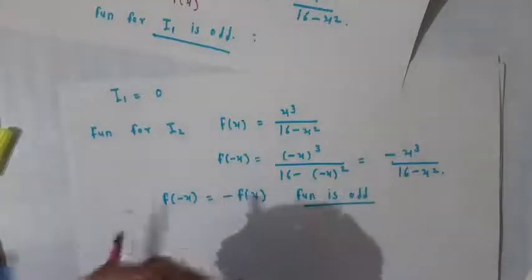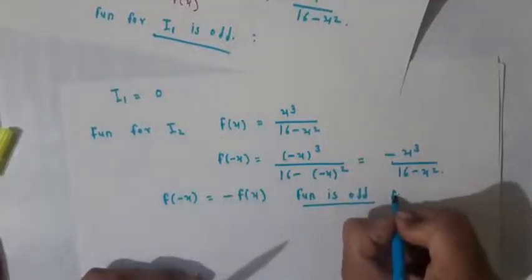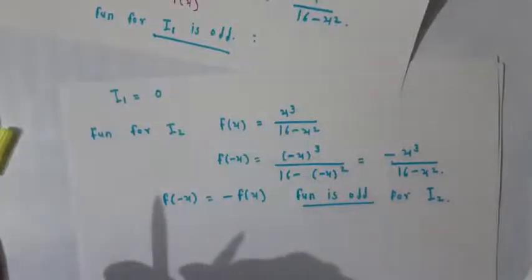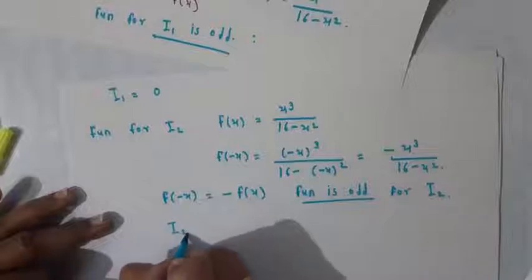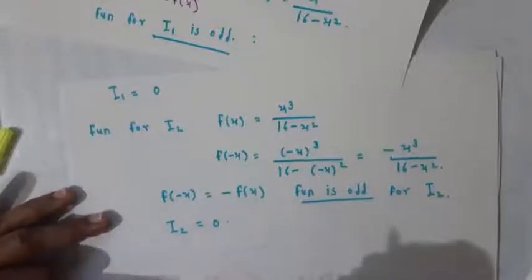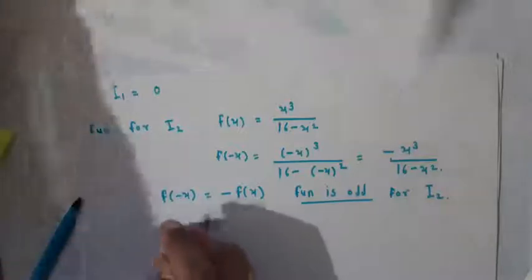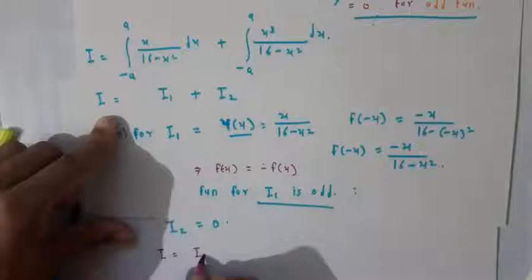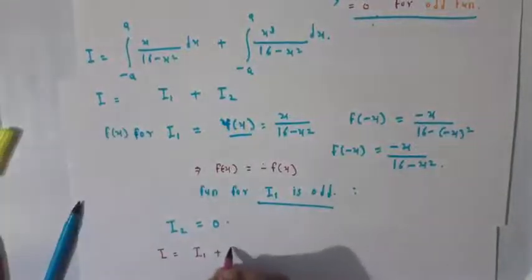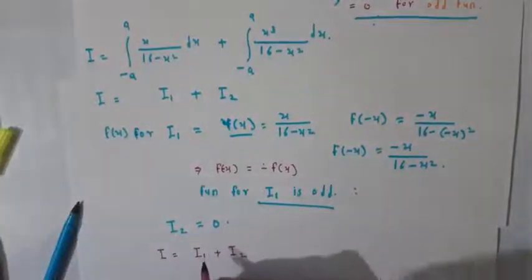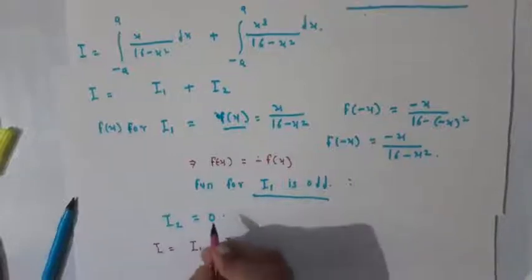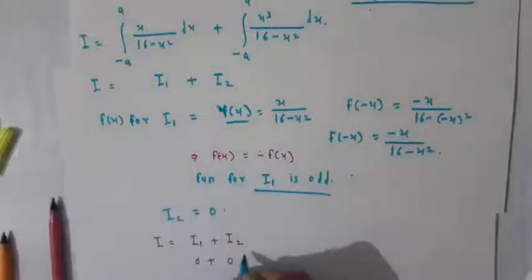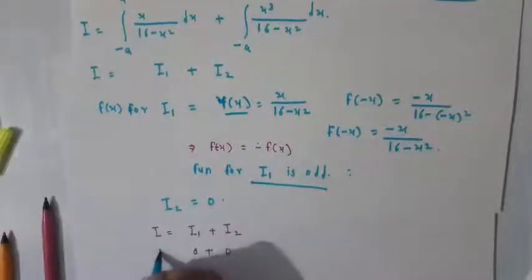As the function is odd for I2, the integration I2 equals 0, and therefore I equals I1 plus I2, and since both are odd functions, their values are 0, and therefore the integration I equals 0.